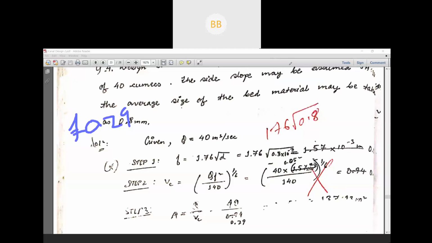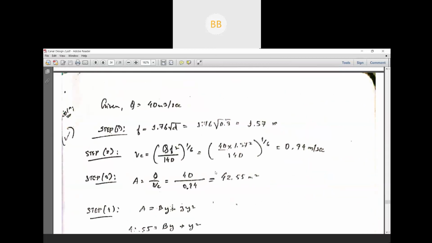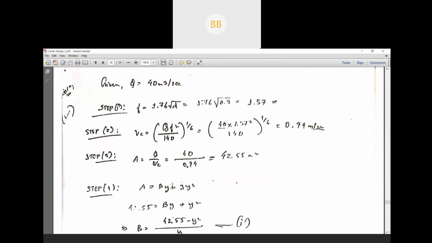Okay, it's correct, 1.57. 1.57 is the correct one.